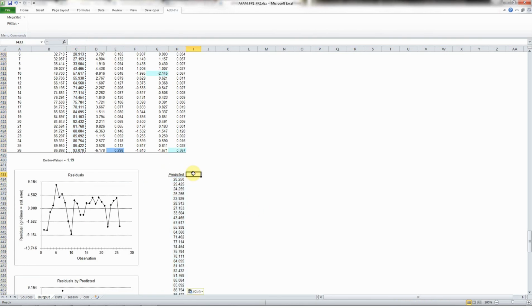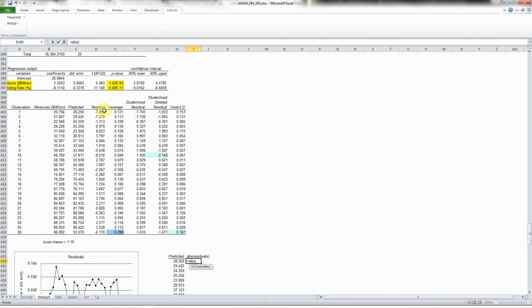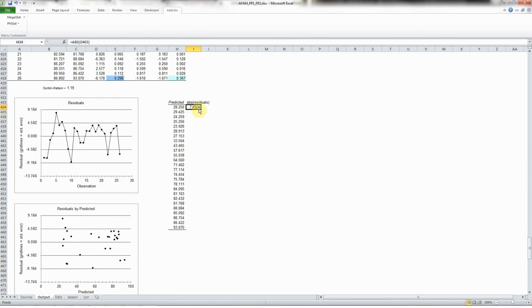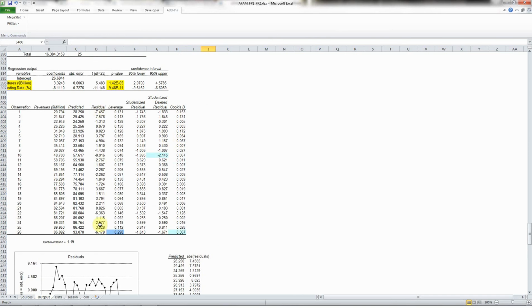And then I'm going to look at the absolute value of the residuals, which is going to be equal to the absolute value of that. Okay, and then I can pop those down. So this is just the absolute values of these.